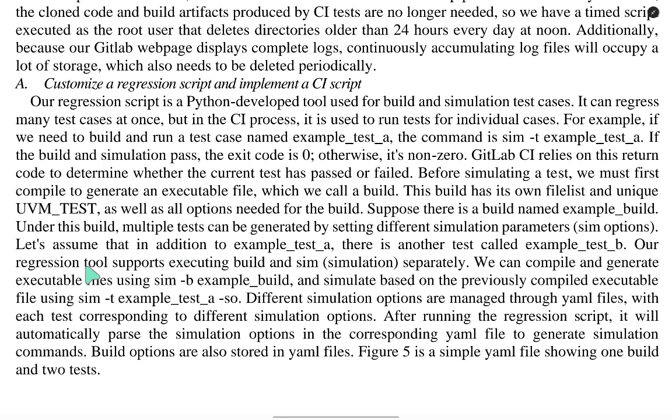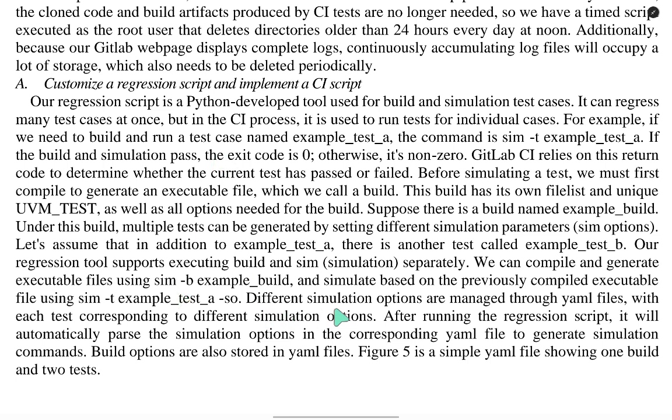So our regression tool supports executing the build and the simulation separately. We can compile and generate executable files using sim -b example_build and simulate based on the previously compiled executable file using sim -t example_test_A -so.